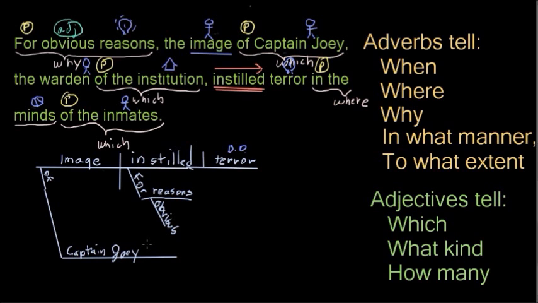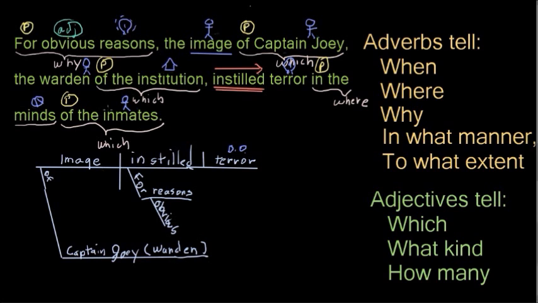Now, Captain Joey is the warden, and in this case, warden is like a second noun. We call this an appositive phrase. Usually, when it's the subject, it's functioning the same way here. So the warden, we're going to put in parentheses. It looks like an N, but that's warden.